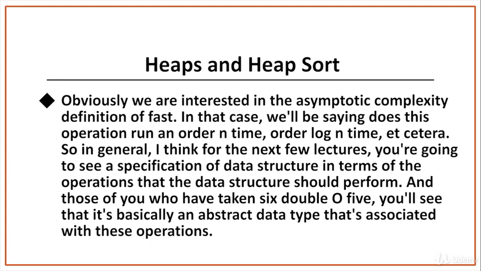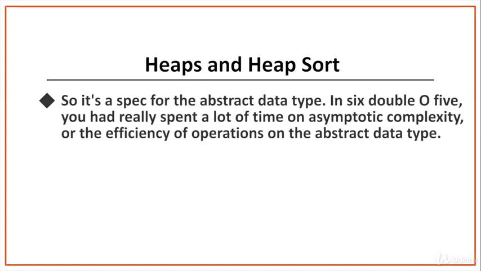So in general, for the next few lectures, you're going to see a specification of a data structure in terms of the operations that the data structure should perform. Those of you who have taken 6.005 will see that it's basically an abstract data type associated with these operations. So it's a spec for the abstract data type.